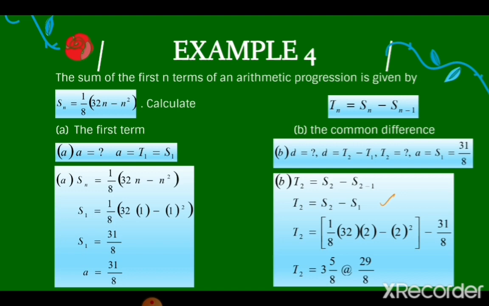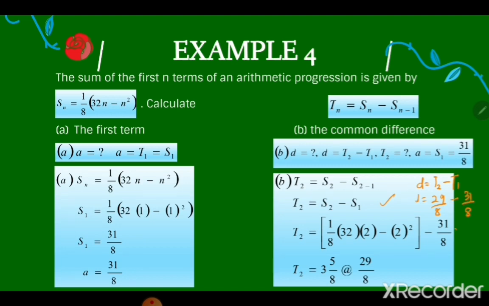However, the question asks for d, right? d is equal to T2 minus T1. So our T2, 29 over 8, minus 31 over 8.